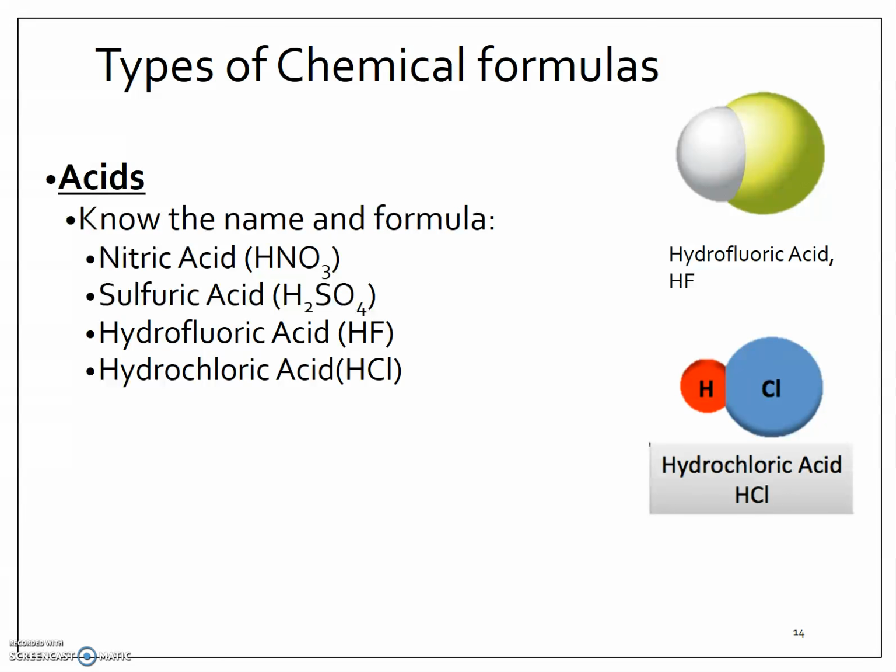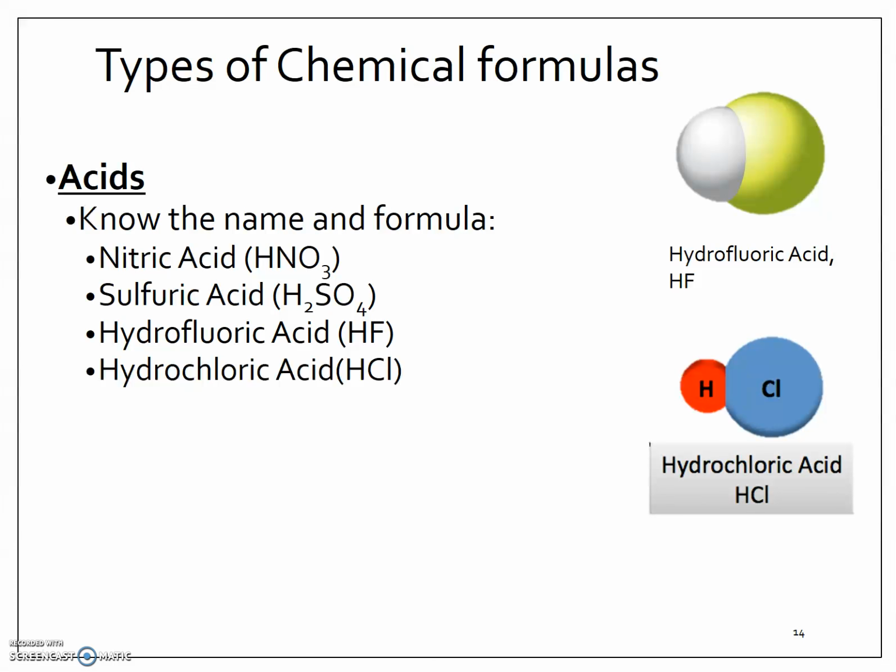Now, as we go along in this class, we will be talking about different naming systems. And some of the namings will get more specific in further chapters. We do have an acid and base chapter. However, for safety in lab and just to get you started, please know the name and the formula for these 4 acids.